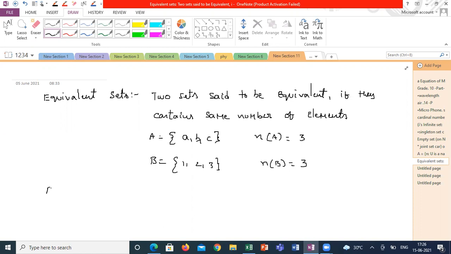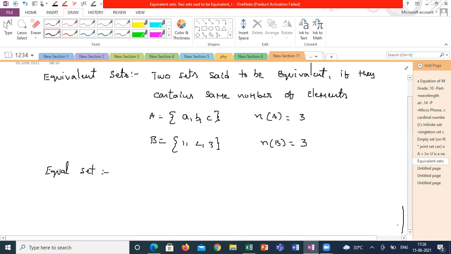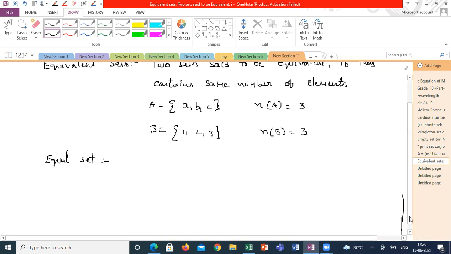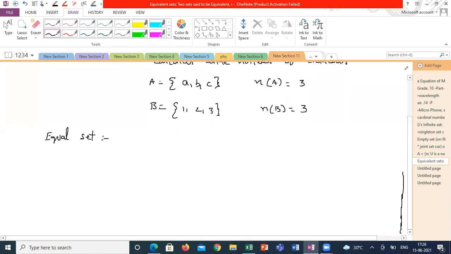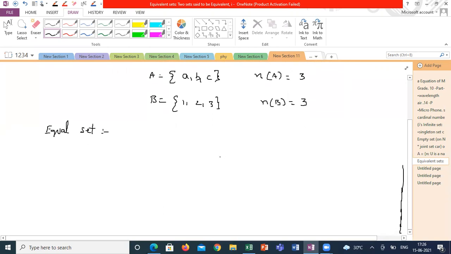Now see the definition of equal sets on the same page. It will be easy to understand the difference between both. In the case of equal sets, not only the number of elements but the elements also should be the same in the other set.